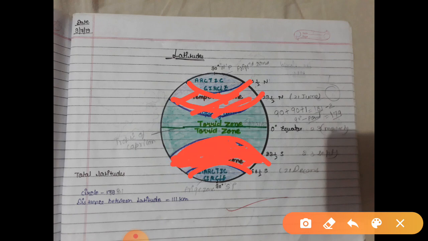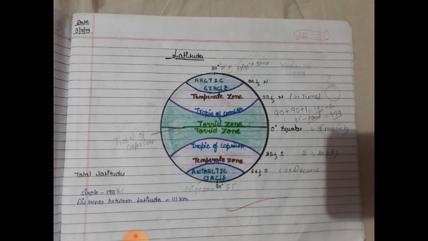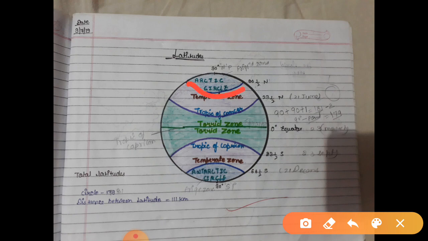Then from the Arctic Circle to 90 degree in the north, and from the Antarctic Circle to 90 degree in the south, it is the frigid zone.